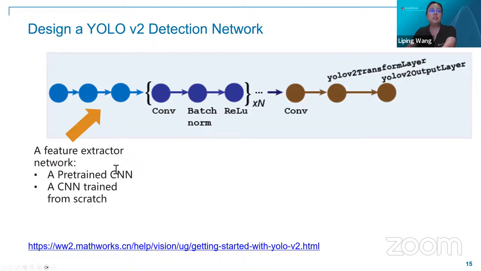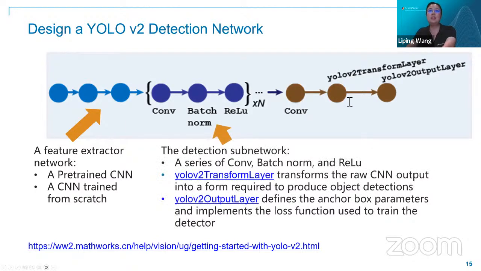It could be a pre-trained convolutional neural network, or a convolutional neural network trained from scratch. So you could use something like ResNet here, or you could train the network from scratch by yourself. Then the second part is a detection subnet.